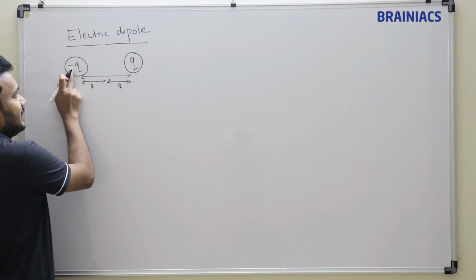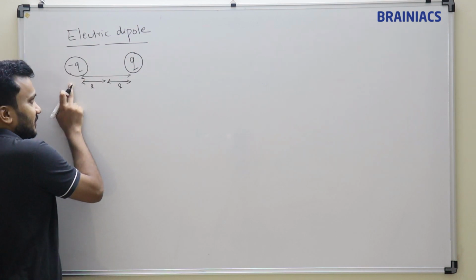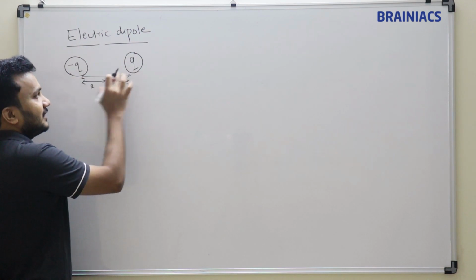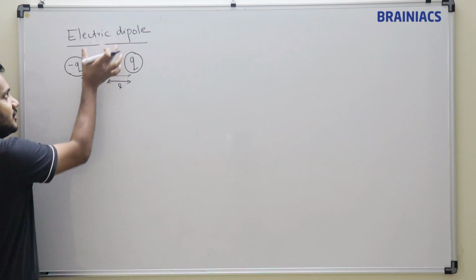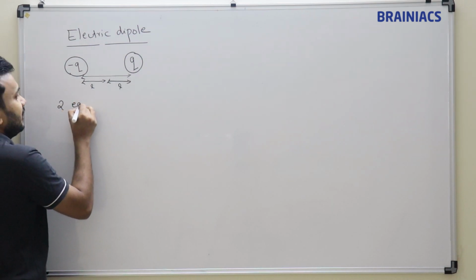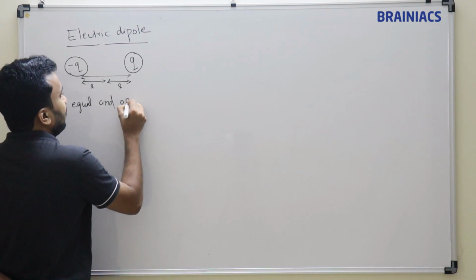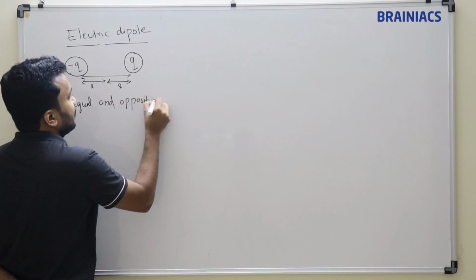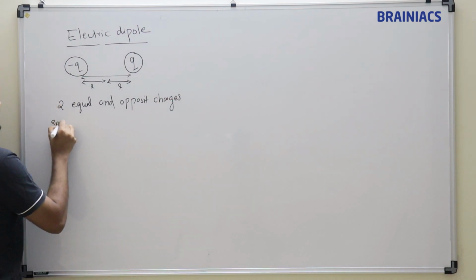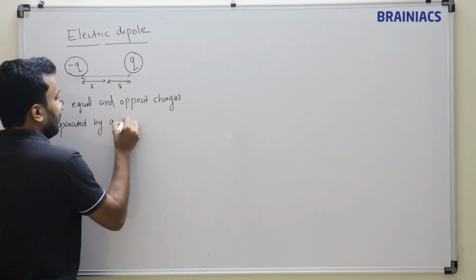Two dissimilar charges of equal magnitude, which means opposite signs, separated by a shorter distance is called dipole. So I am writing the definition of dipole. Two equal, magnitude-wise, and opposite charges separated by a small distance.